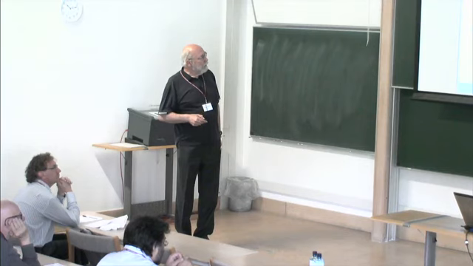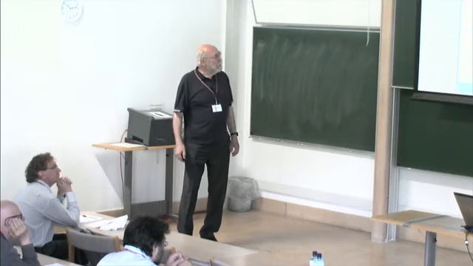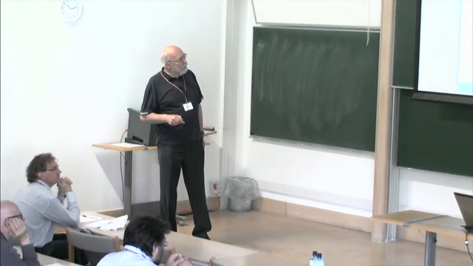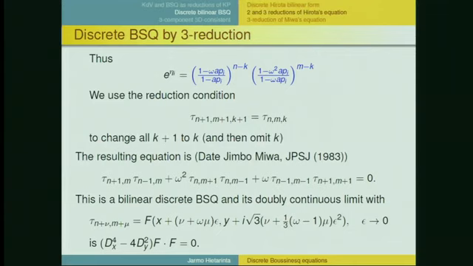And this was already given in the other Hirota and Miwa. So this I call a bilinear form of discrete Boussinesq equation. And indeed, if you calculate the continuous limit using this kind of function, then you get the bilinear Boussinesq equation.